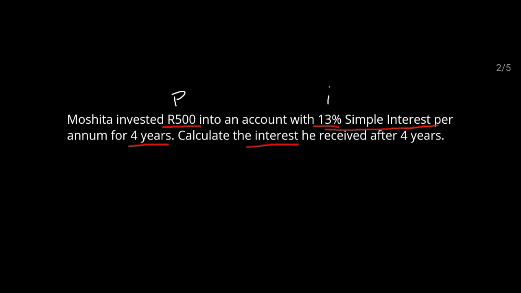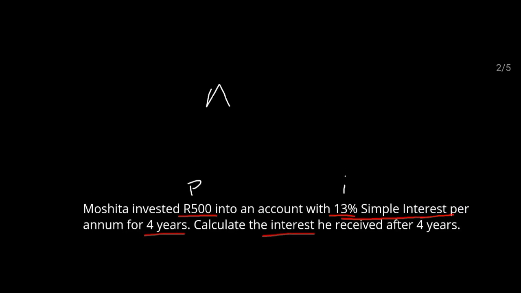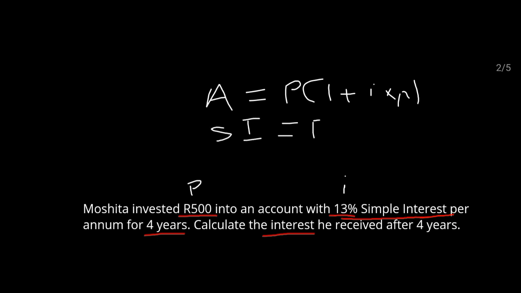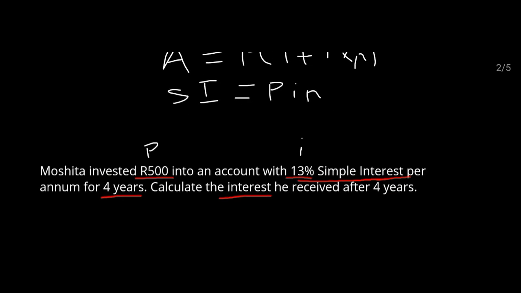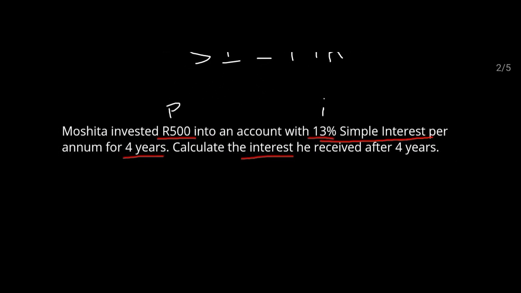Now guys, simple interest. The moment it is simple interest, we're not going to be using this formula, 1 plus I times N, but this time SI is equal to P times I times N. And for 4 years, that's our N. Now the question is calculate the interest.